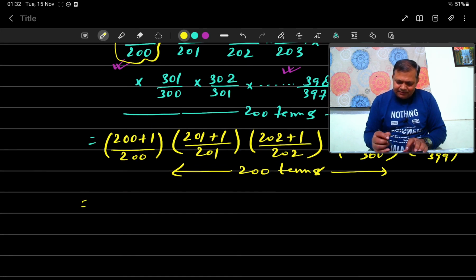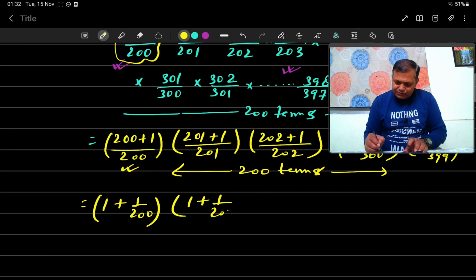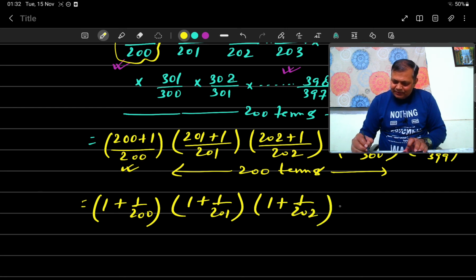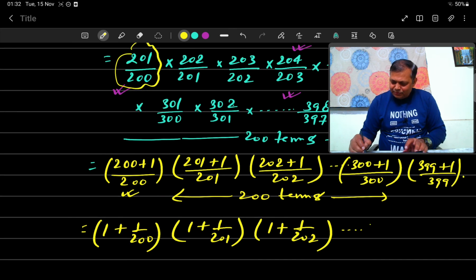Now you can divide each by its denominator separately. You get 1 plus 1 by 200, once again 1 plus 1 by 201, once again 1 plus 1 by 202, and so on, 1 plus 1 by 300 and once again 1 plus 1 by 399.